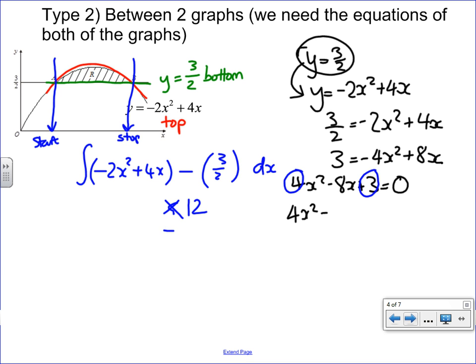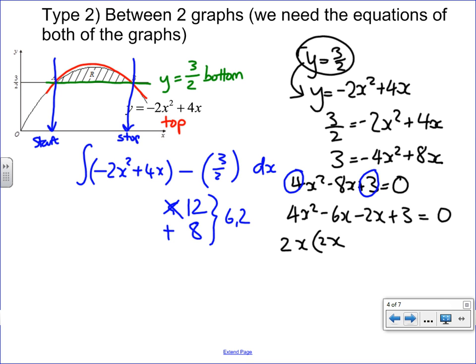And add to 8, which is in the middle. And the thing that times to 12 and adds to 8 is 6 and 2. And then what you do is, I only just learned this. You're going to make me want to work it out myself now. I'm not claiming this is going to work, I'm just claiming it might work. Yeah, look. This is going to work.